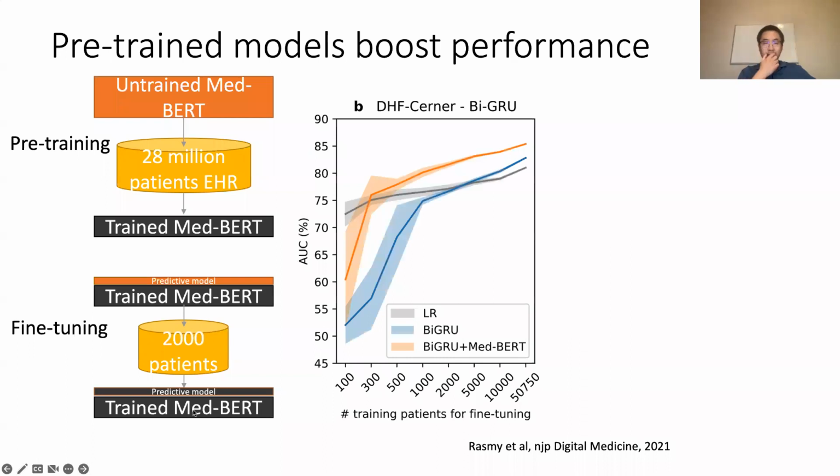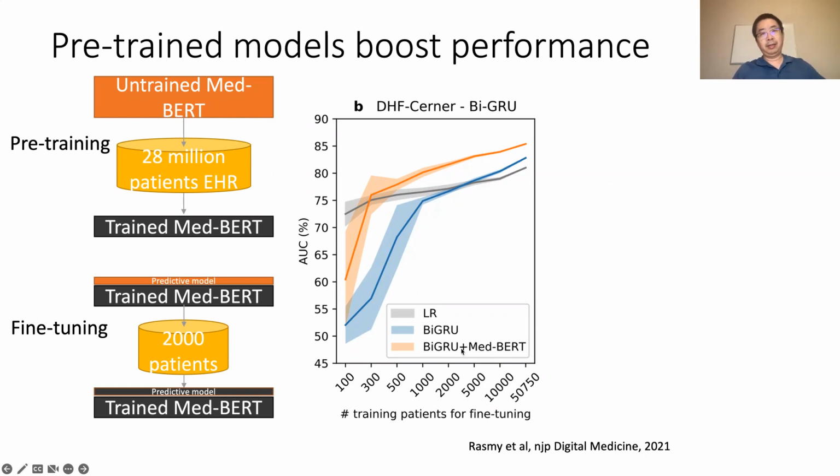We show that, for example, in a heart failure prediction for diabetic patients case, we compare, say, a logistic regression model, which is the non-deep learning baseline, and a bidirectional GRU model, which we previously established is one of the popular RNN architectures, very competitive among all the RNN models.